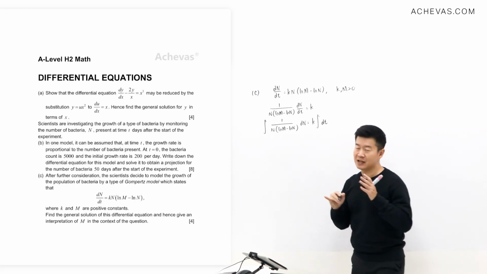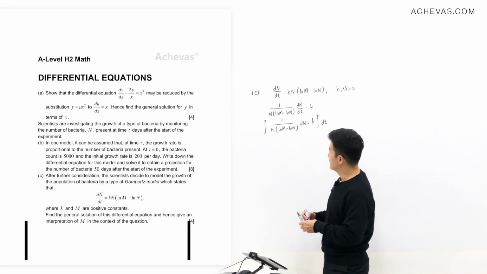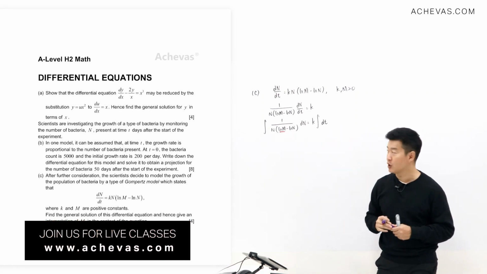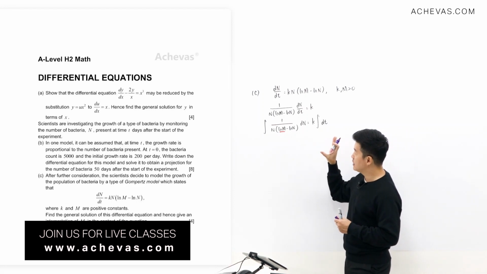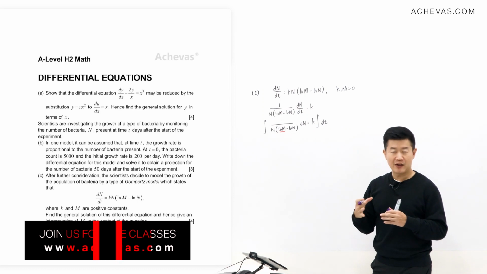But for this can appear a little bit confusing. So what we need to remind ourselves is that this m over here is a constant, which means that ln m is a constant. And in order for me to integrate this, we are going to make use of the f f prime, okay?